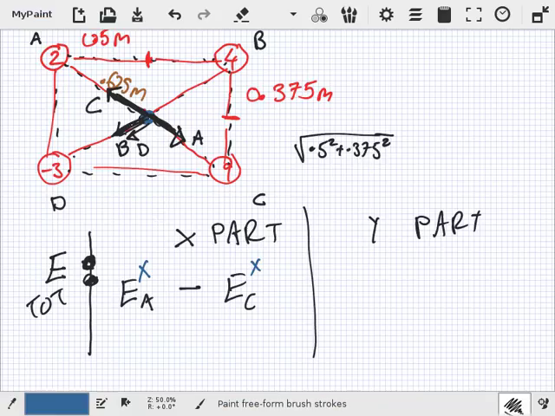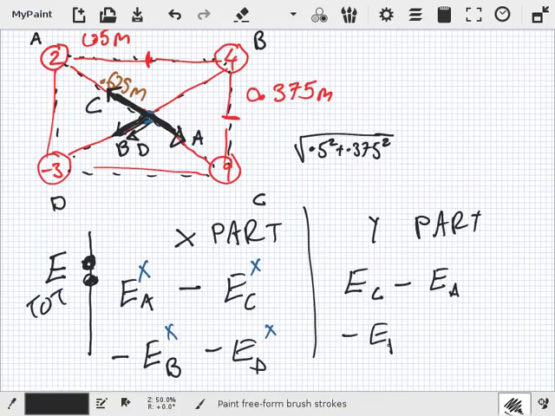And also the B and the D. Plus or minus EB minus ED, and just remember this is X and X. If I look at the Y part, I have EC going up, minus EA, minus EB, minus ED, and these are all the Y parts.